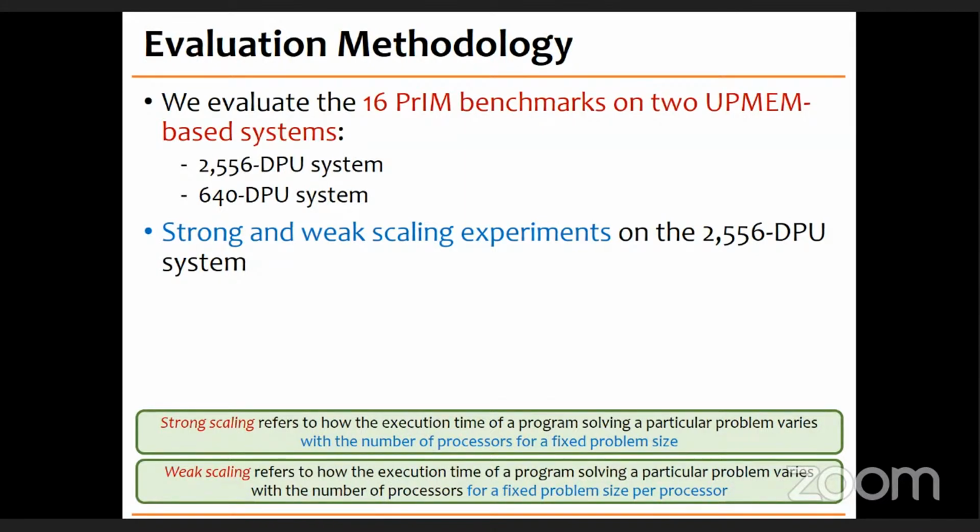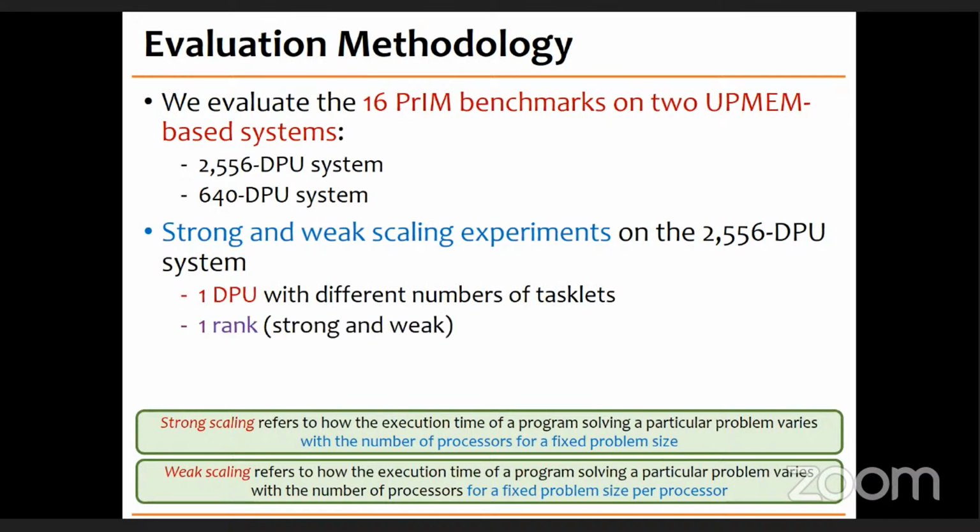This way I see how the performance scales when I increase the number of processors for the same problem. Weak scaling is when the problem size per processor is fixed. So if I use more processors, I also use a larger problem because the problem per processor is fixed. So that's essentially the difference. It's 2 ways of measuring the scaling.